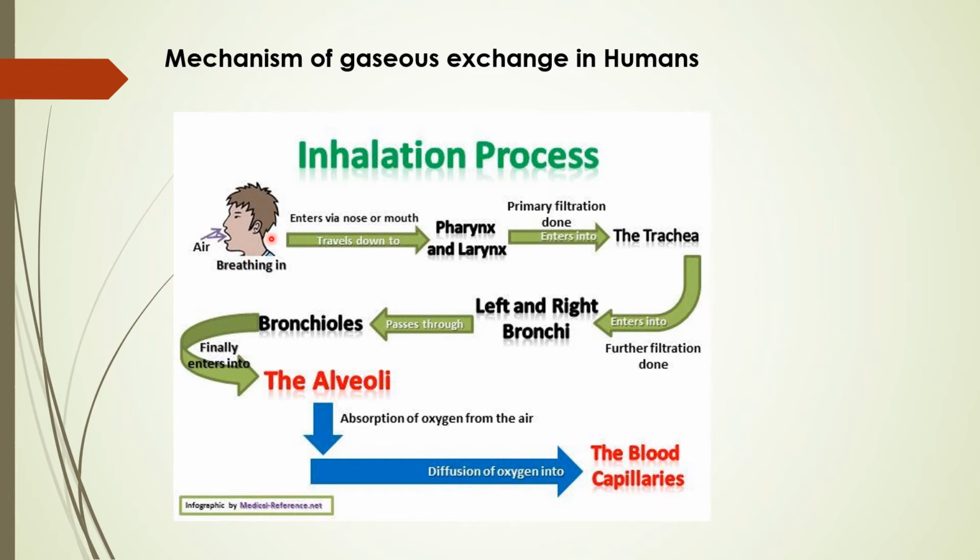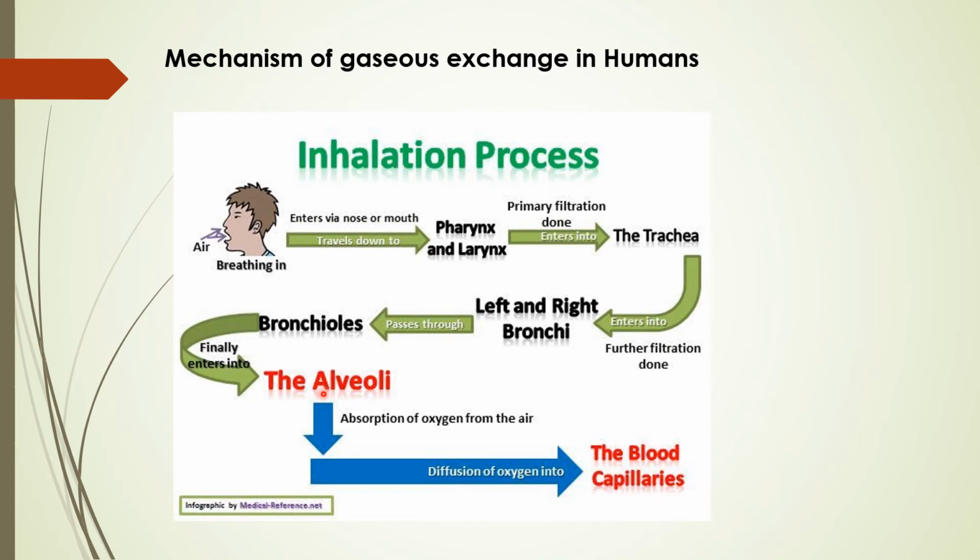This air enters via the nose or mouth and travels down to the pharynx and larynx. After that there is a primary filtration, and the next part you know very well, the trachea. From the trachea, the air enters the left and right bronchi, from the bronchi into the bronchioles on each side, and finally reaches the alveolar sac.